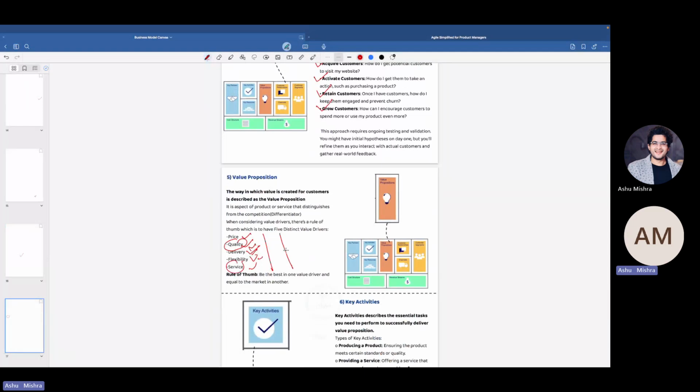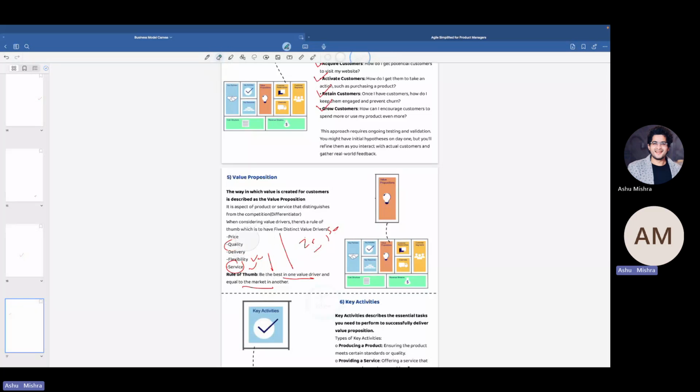So at any given point of time, guys, an organization is playing on one of these five distinct value drivers. As a rule of thumb, guys, you have to be best in one value driver and equal to the others in the remaining ones. For example, if I say Zomato and Swiggy, they started on the basis of delivery, guys, right?